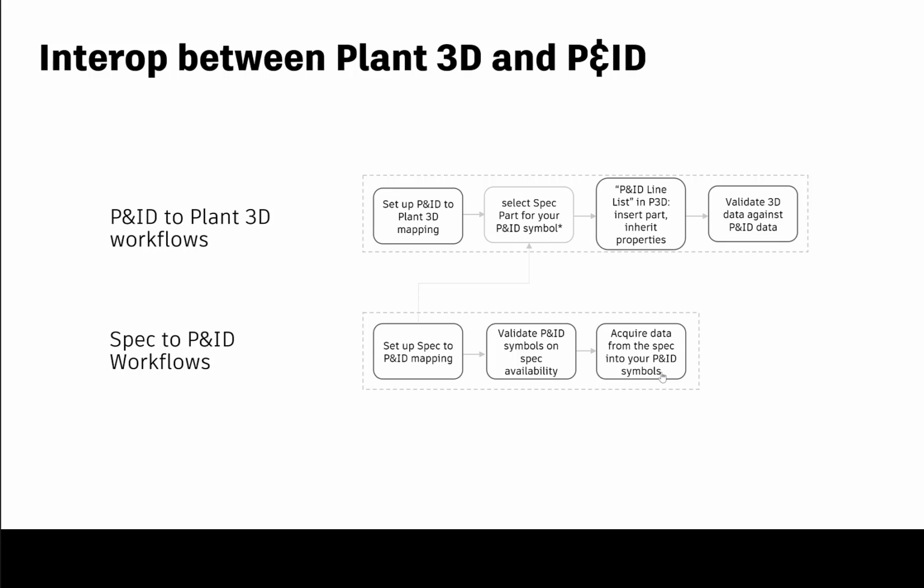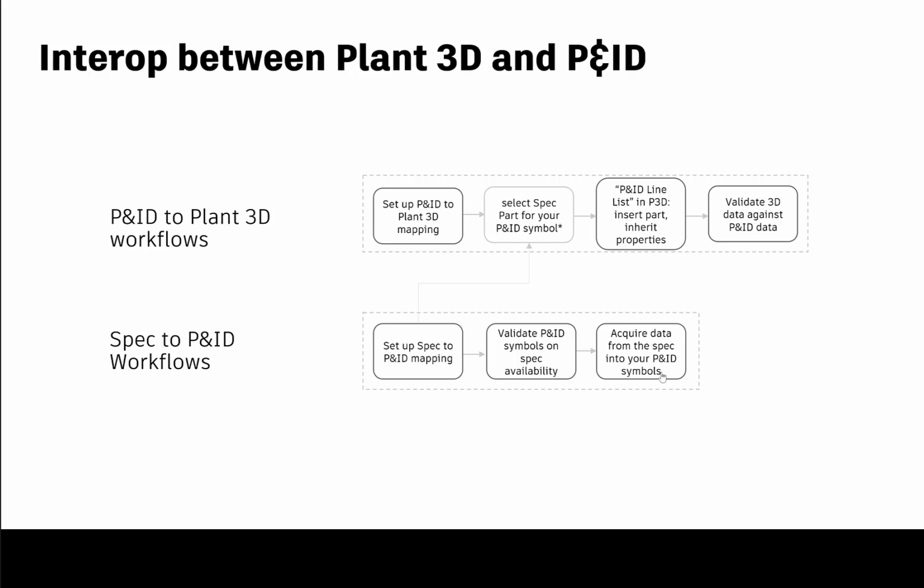Also now, as an option, you can enforce a spec-driven workflow, making sure that the spec has the P&ID part, and you can run that validation within Plant 3D to ensure that the information in the P&ID is consistent with what you have in the spec.